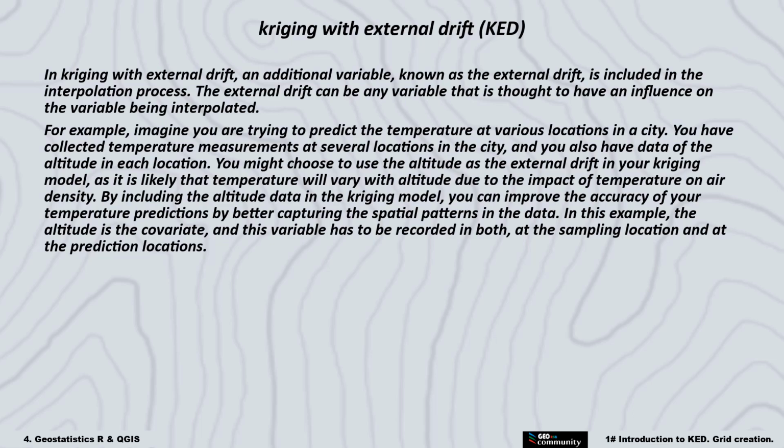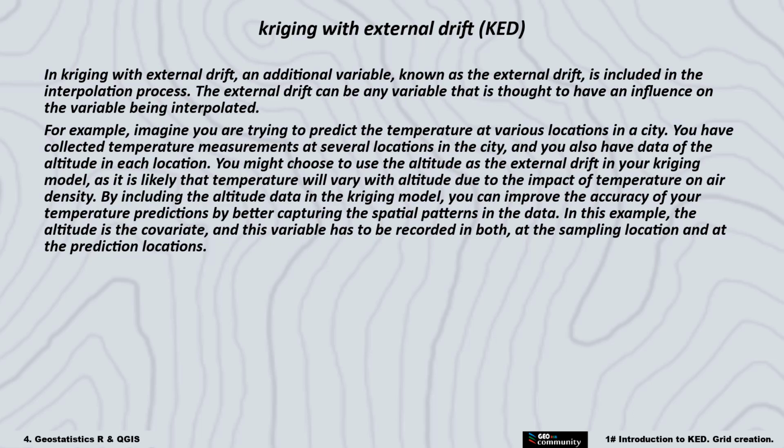Okay? In this case, the variable of interest is the temperature, and the variable that we are going to use as external drift is going to be the altitude. And as we can see, the temperature depends on the altitude, and that's the correlation between these two variables.